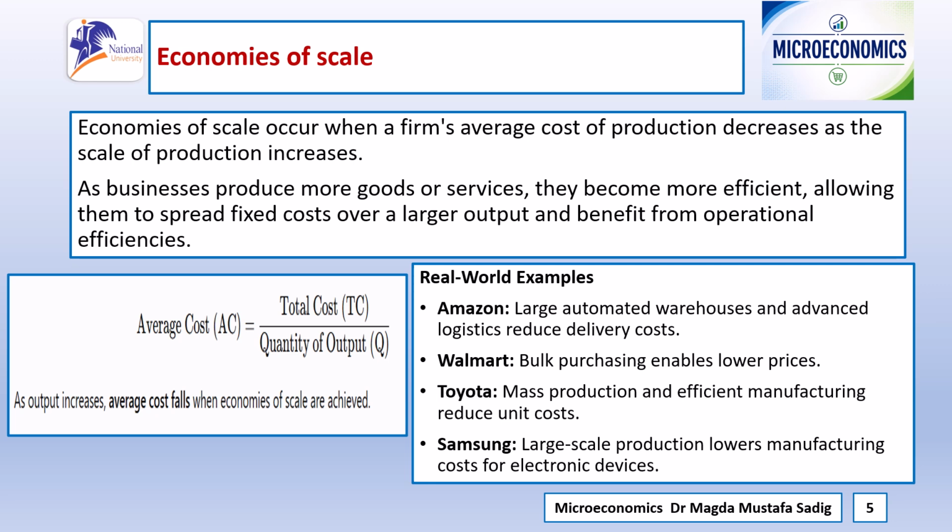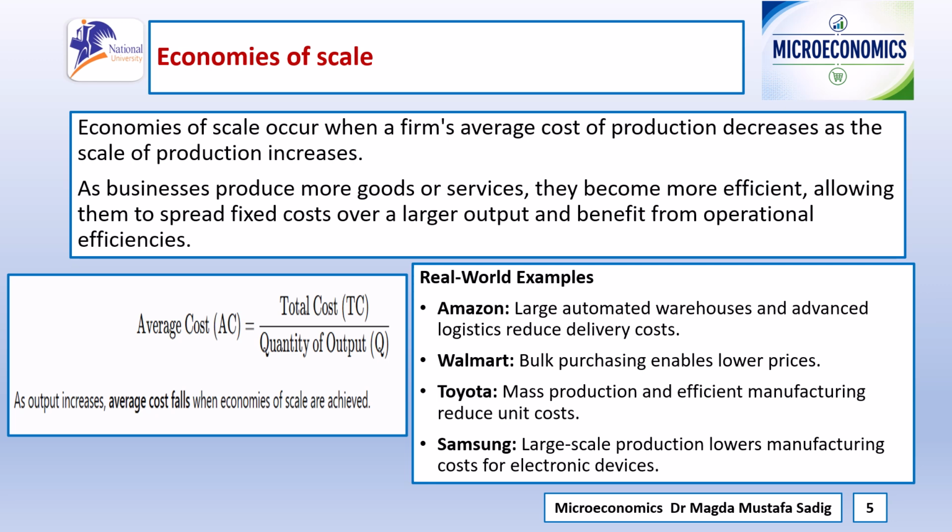This is the basic idea behind economies of scale. Let us take a real-life example, Amazon. Its automated warehouses reduce labor cost and improve efficiency. Walmart purchases products in enormous quantities, allowing suppliers to offer discounts.